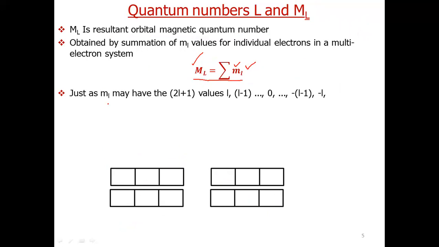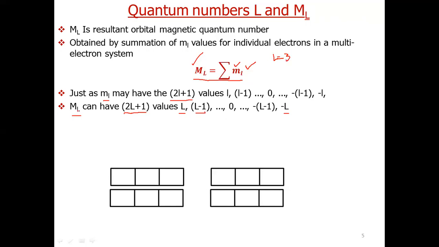Just as small ml can have 2l plus 1 values, given by l, l minus 1, 0, up to minus l minus 1 and minus l, similarly capital ML can also have 2L plus 1 values, starting from plus L to L minus 1, 0, minus L minus 1, minus L. So suppose L is 3.